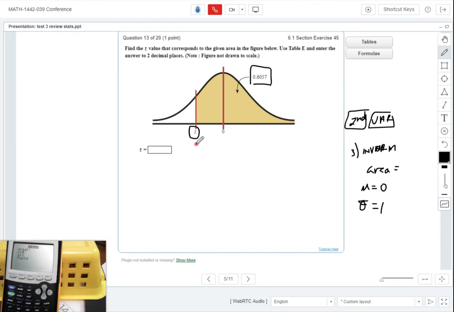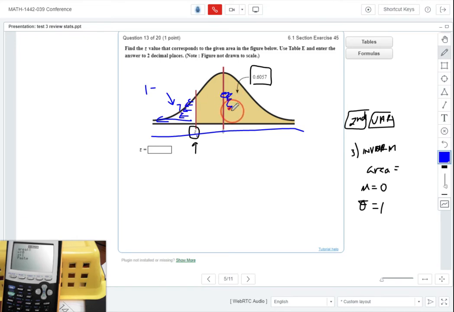To find this z value, you can't type in this area. You have to type in the area to the left of the z value. Your calculator will only do the calculations for the left of the z value. So to find this z value, I have to type in this area. Well, we know the entire area is 1.